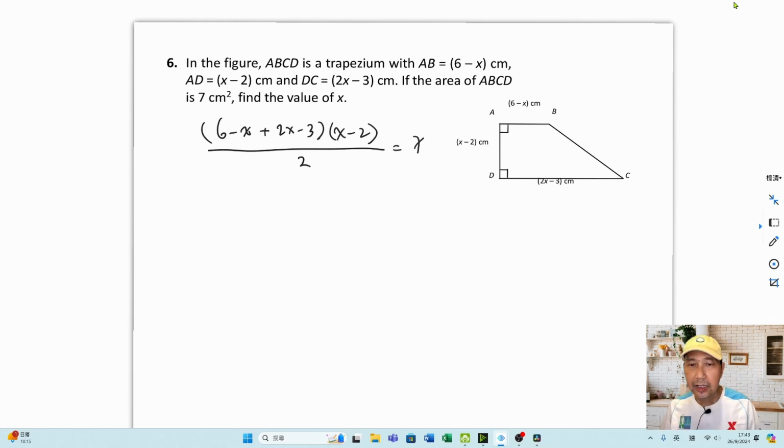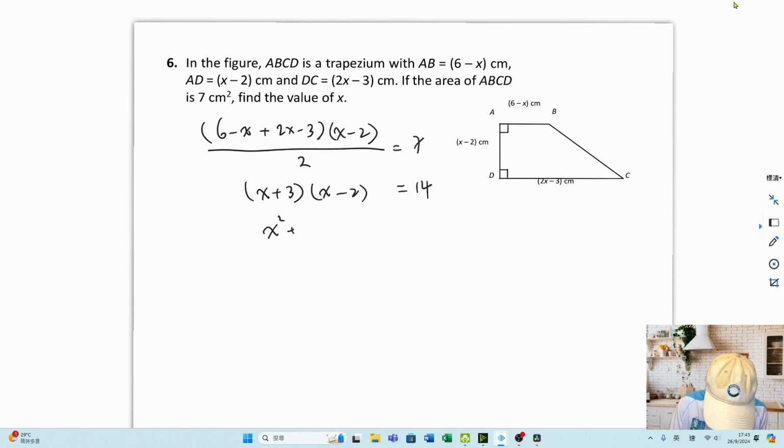To proceed, the first thing, we move the 2 to the right hand side to get 14, and we simplify the first brackets. And then we expand the brackets, so x squared plus x minus 20 equals 0.